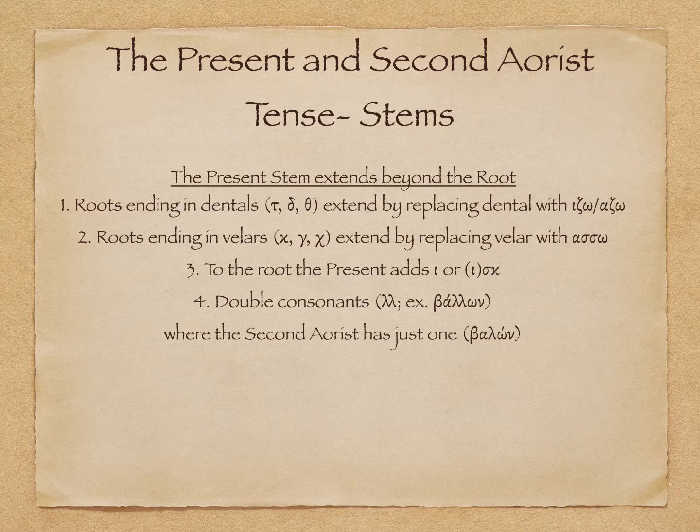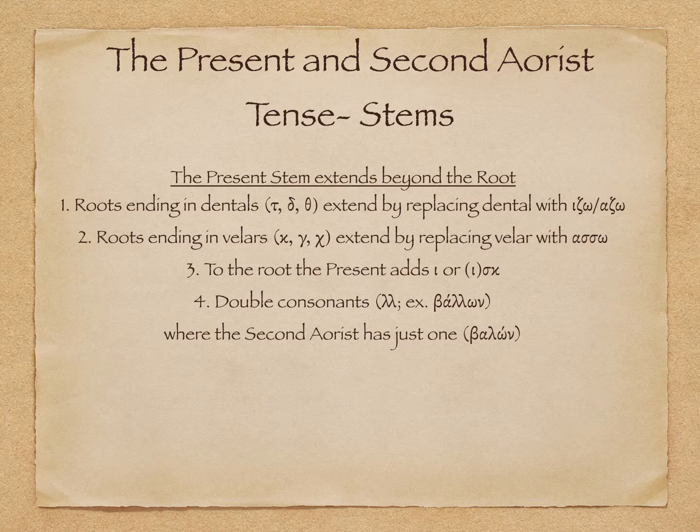So the second aorist participle by letter count is going to be the shortest of the participles that we learn. First aorist are going to be some of the longest. Perfect, we'll get to in a couple of chapters, they're perhaps the longest, generally speaking.